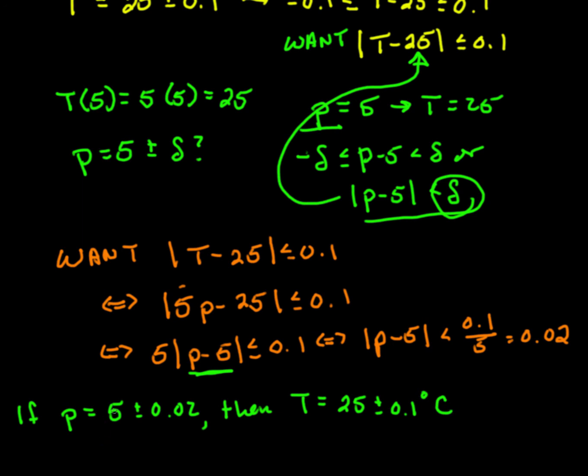So as long as my pressure is 5, I can go as high as 5.02 pascals or as low as 4.98 pascals.